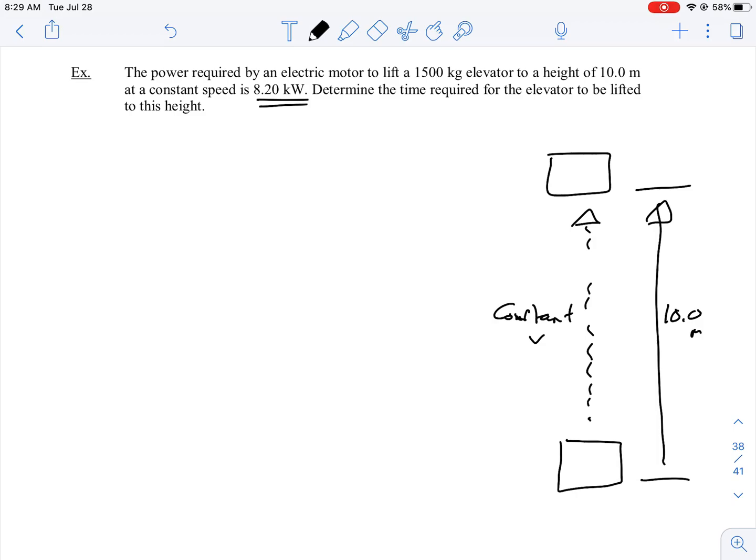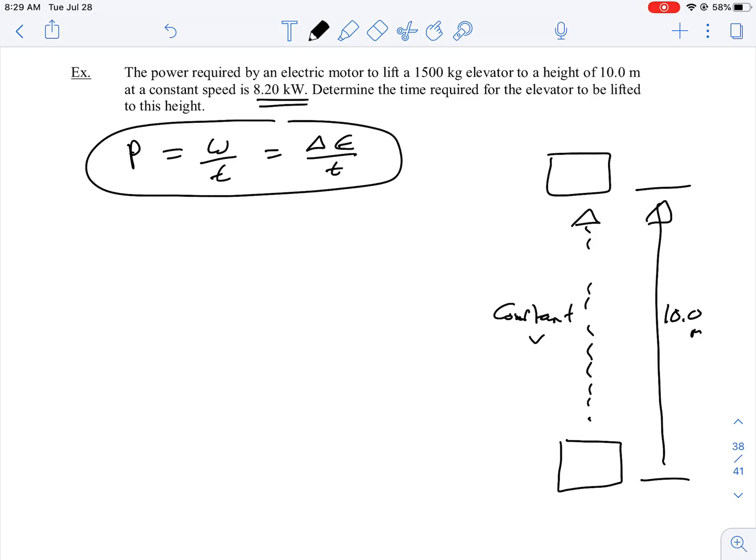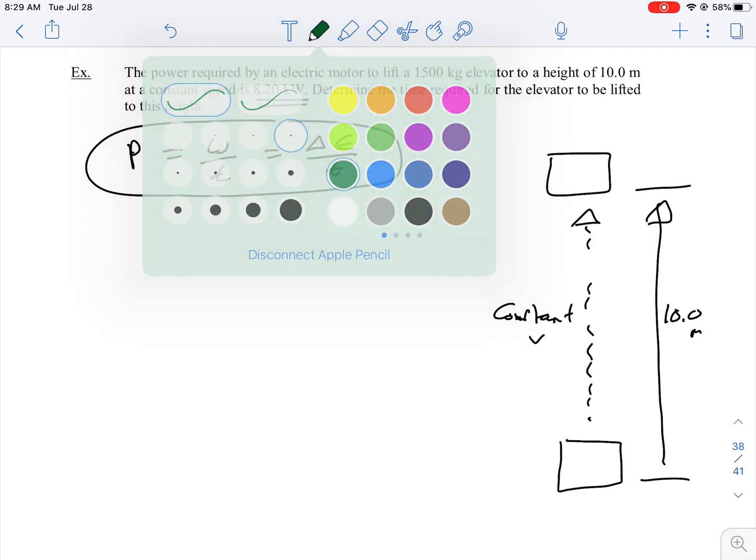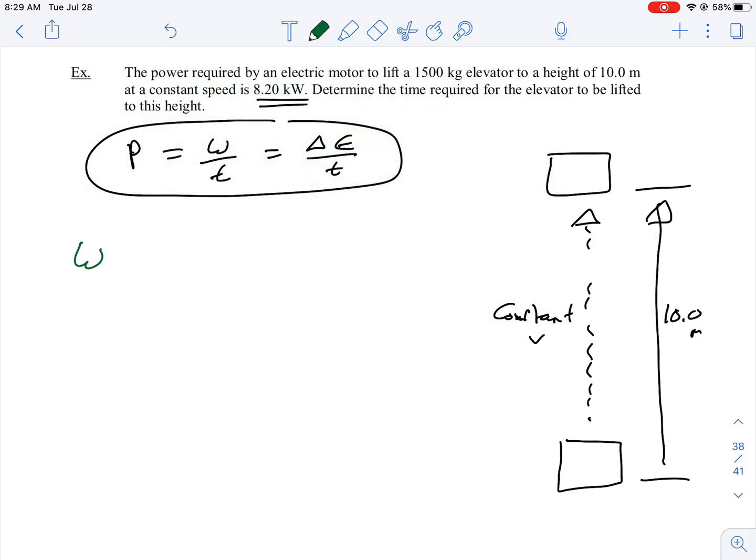Now our governing equation here is we know that power is equal to work over time or change in energy over time. Whichever one you want to do. They both will work. Let's take on the change in energy idea. So we can say that the work done by this motor will change the energy of the system.